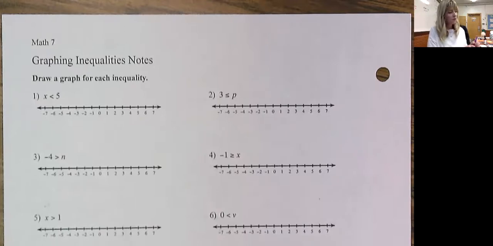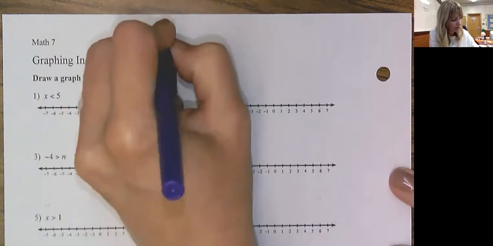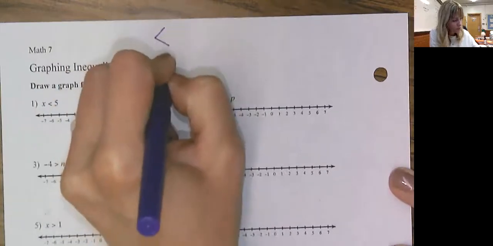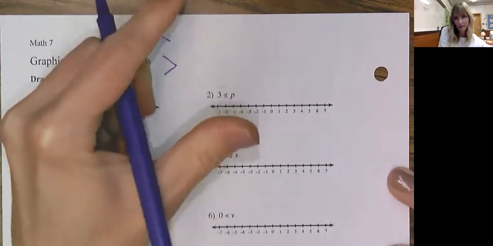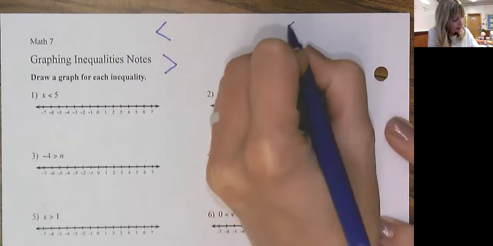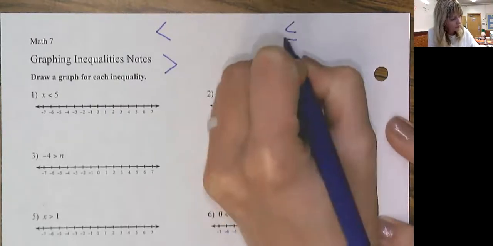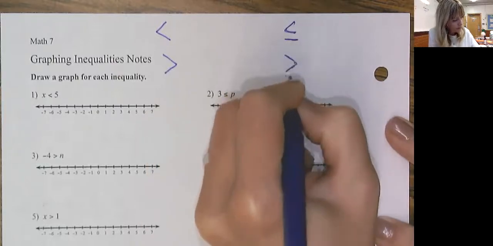All right, so I am going to see either less than or greater than. Remember, left hand, less than or greater than. I am also going to see less than or equal to and greater than or equal to.